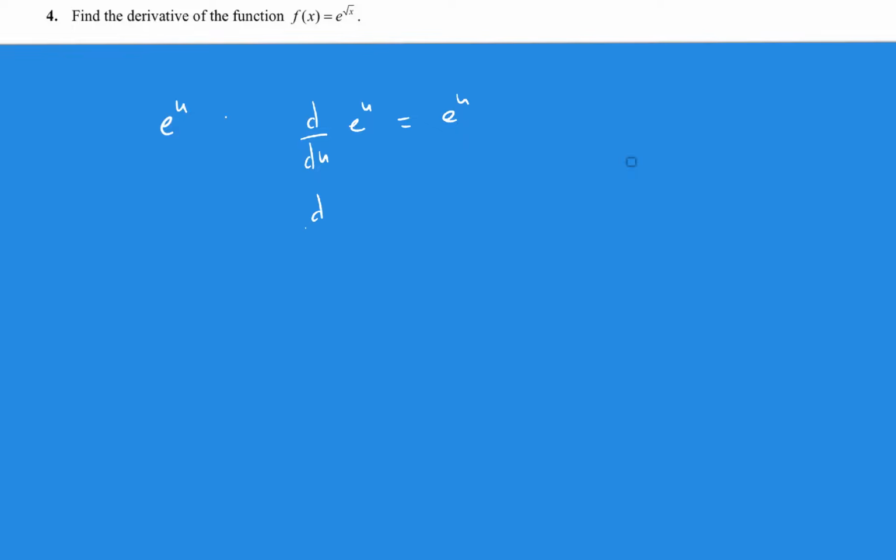Now the derivative with respect to x of e to the u that depends on x is e to the u times u prime of x. So in this case we have u of x equal to x to the 1/2. So the derivative of u with respect to x is 1/2 x raised to the power 1/2 minus 1, which is minus 1/2.